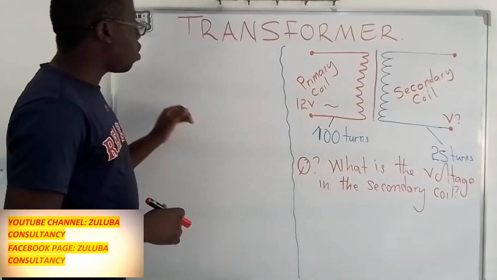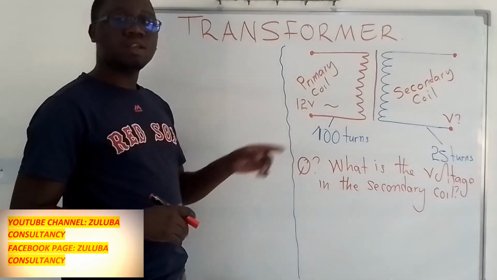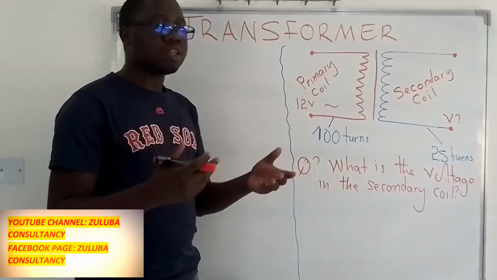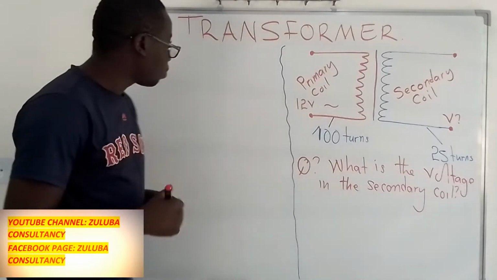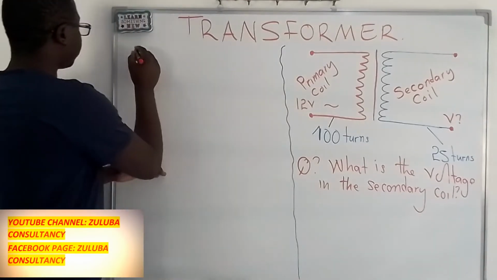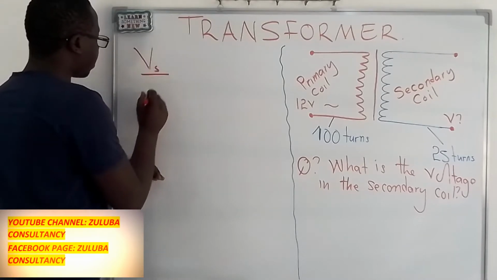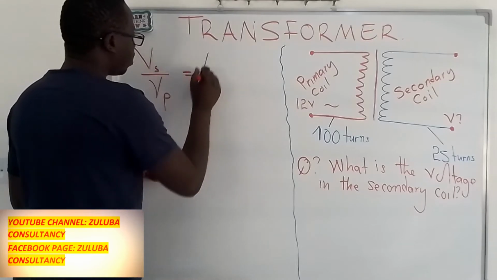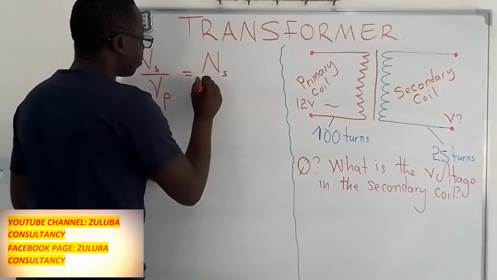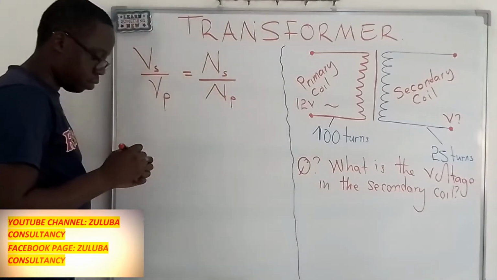There is a good relationship between the number of turns and the voltage that the transformer gets in or gives out. The relationship is this: the voltage in the secondary divided by the voltage in the primary is equal to the number of turns in the secondary divided by the number of turns in the primary.